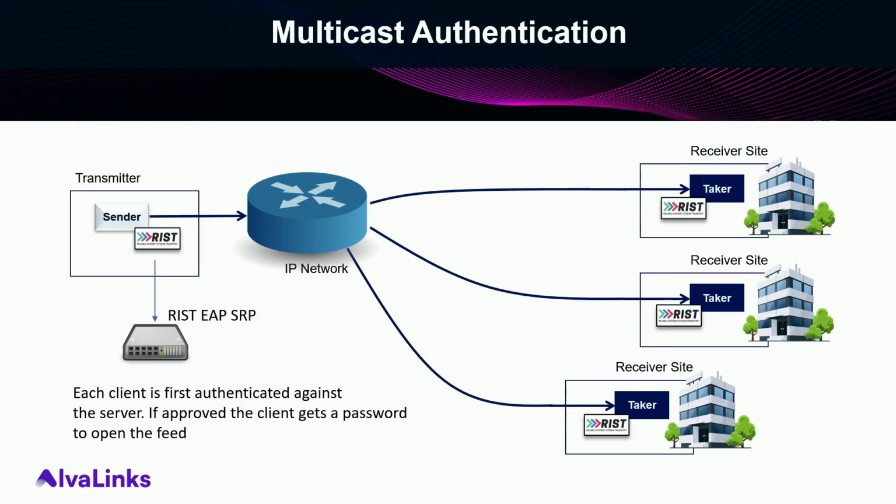So now we know who is allowed to consume the content. We can also decide to drop receivers if we identify them as a rogue agent. And once again, the RIST activity group rose to the challenge, and we were able to provide this capability for multicasting and so on.